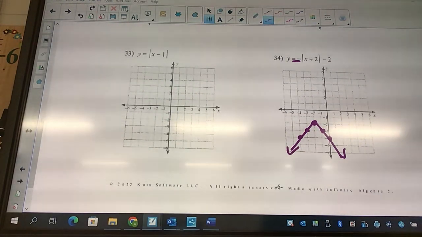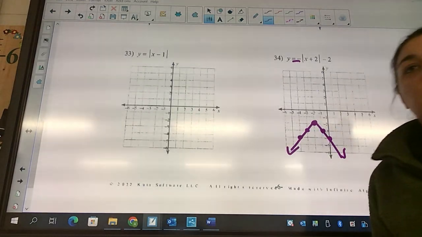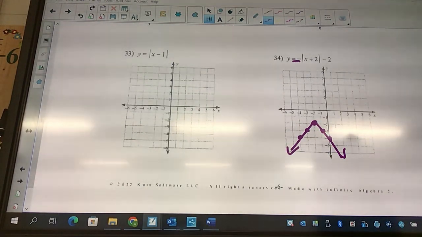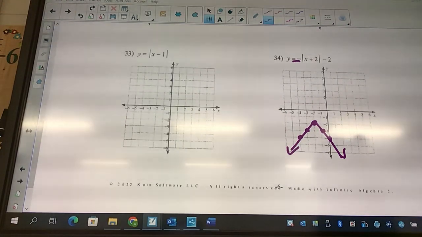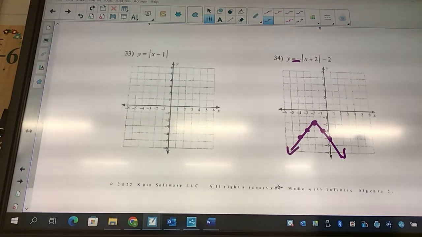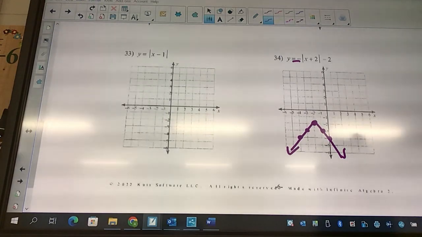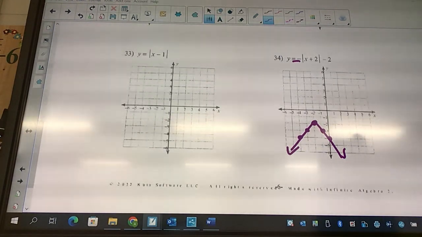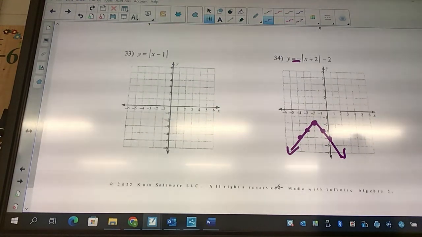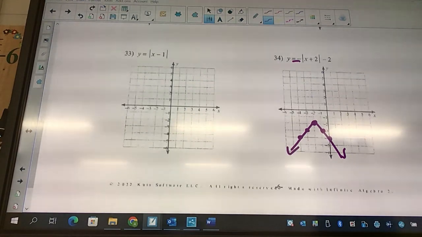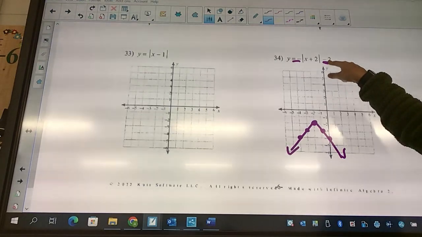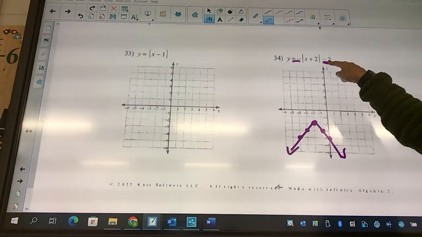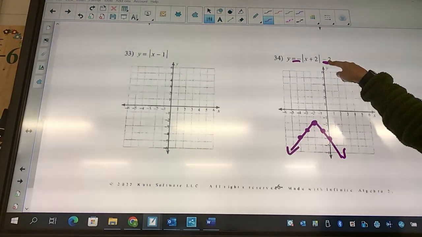Okay, now, last one. Look at 33. What needs to happen to that graph? Okay, some of you guys get confused. So we always start here. Look at me. What does that do? You go up or down.